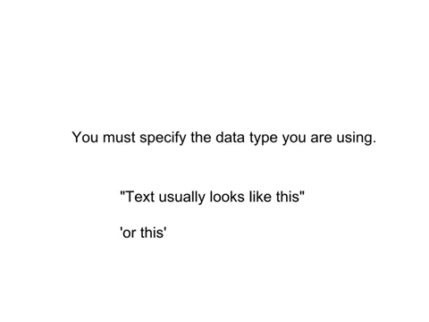By putting your text within quotes, you're basically telling your programming language that you are working with text. Now, if you're working with numbers, typically you don't have to put the numbers inside of quotes. So using quotes is one example of how you specify what kind of data you are working with.